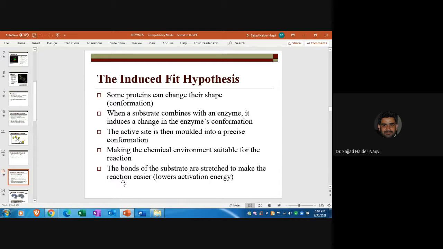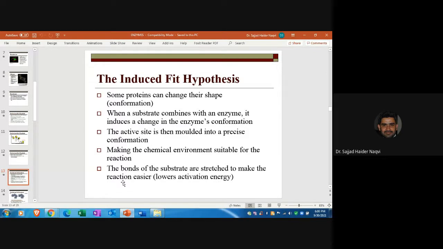When a substrate is going to combine with an enzyme, it brings about a change in the enzyme's conformation, and as a result the active site is molded into a precise conformation. So the binding of the substrate results in a conformational change of the enzyme structure, which in turn makes a conformational change to the active site, making the chemical environment suitable for the reaction.